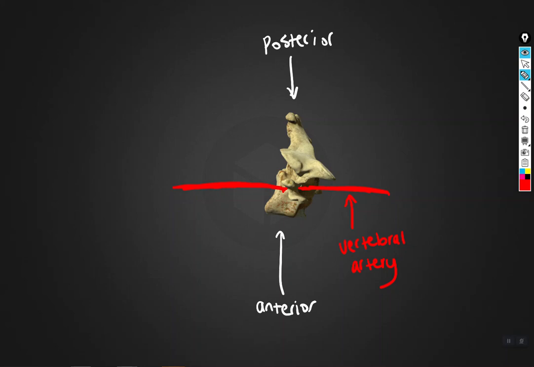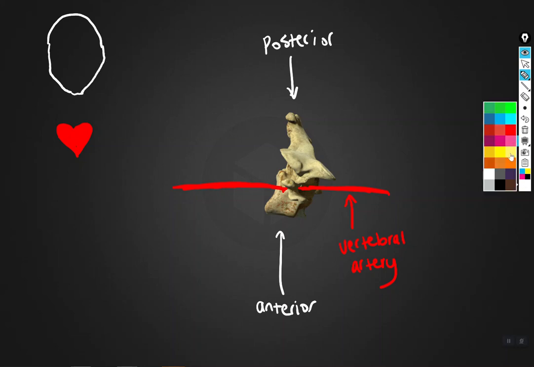So if I was to draw a schematic diagram of this, if this is the heart, I'm just going to make this very, very simple. And let's see how well I can draw a head. Okay, that's not so bad. And let's draw a little cerebrum. Yeah, there we go.